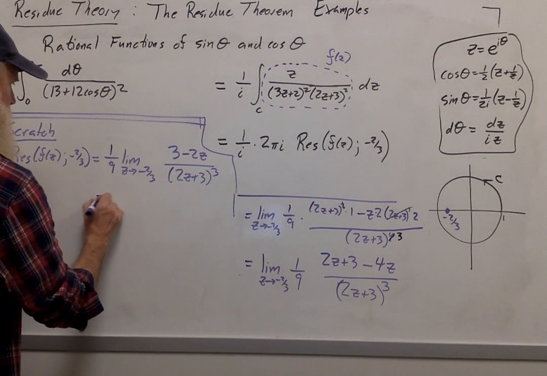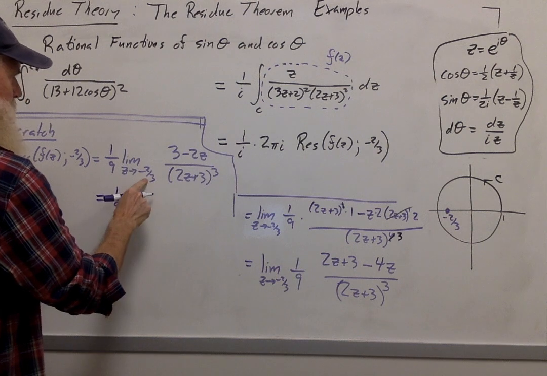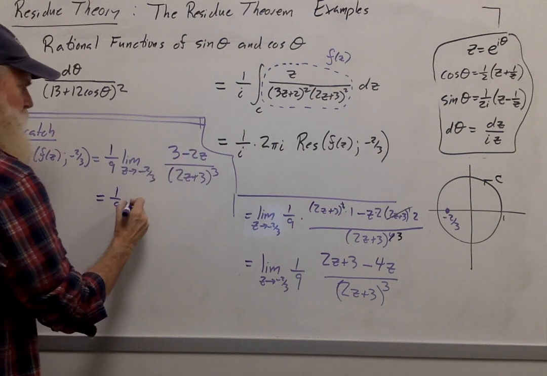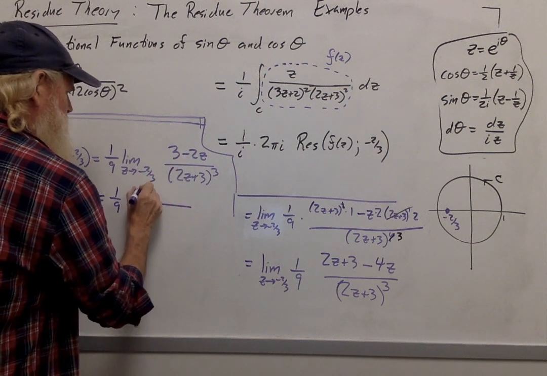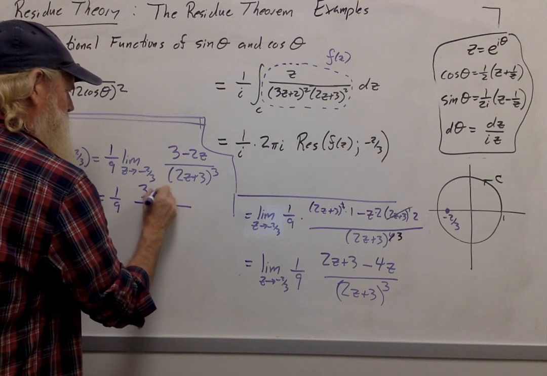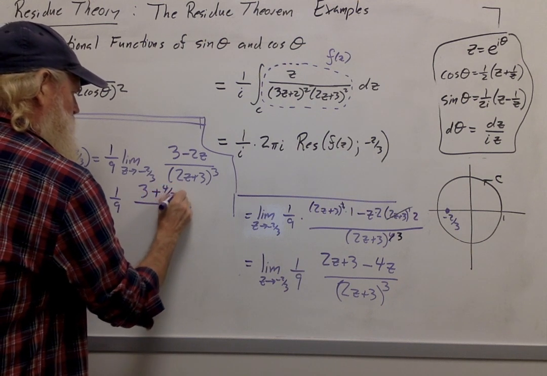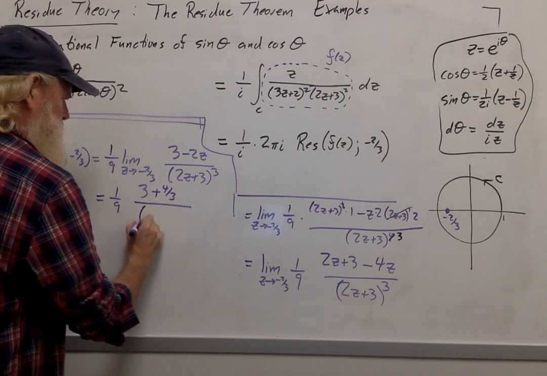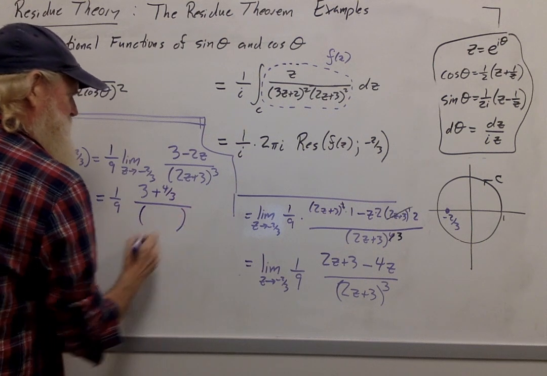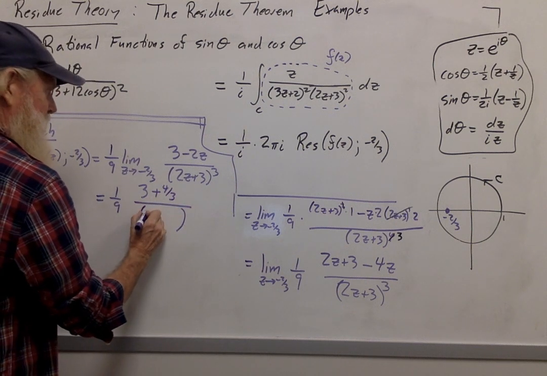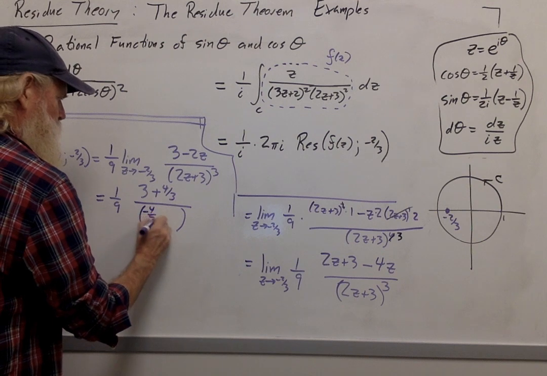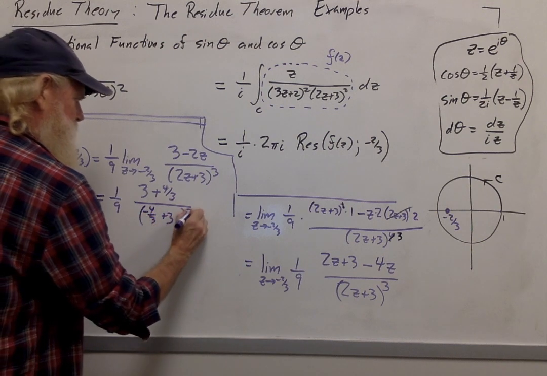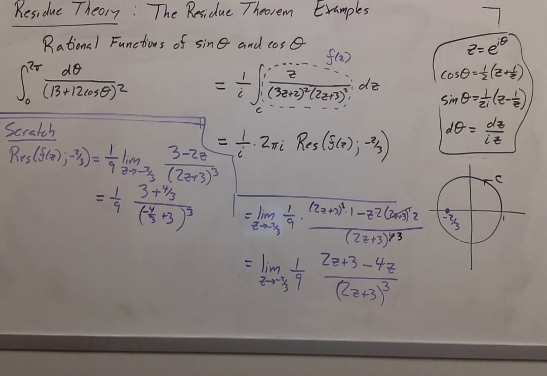Well, finally, we can use direct substitution. Plugging in negative 2/3 for each z, I get 3 plus 4/3 on top. Inside the parentheses downstairs, I have negative 4/3 plus 3, all cubed.